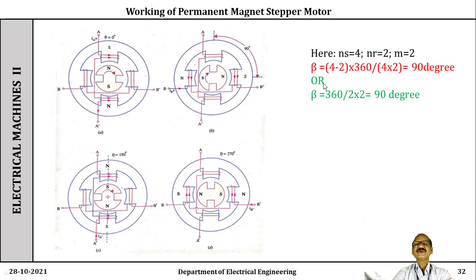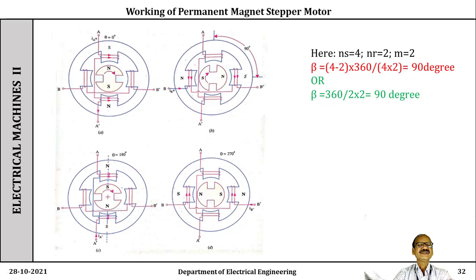So beta equals (Ns minus Nr) into 360 divided by (Ns into Nr), which is equal to 90 degree, or beta equals 360 degree divided by (m into Nr). With m equal to 2 and Nr equal to 2, you get the step angle 90 degree. So the step angle for the permanent magnet stepper motor is large as compared to the variable reluctance motor.